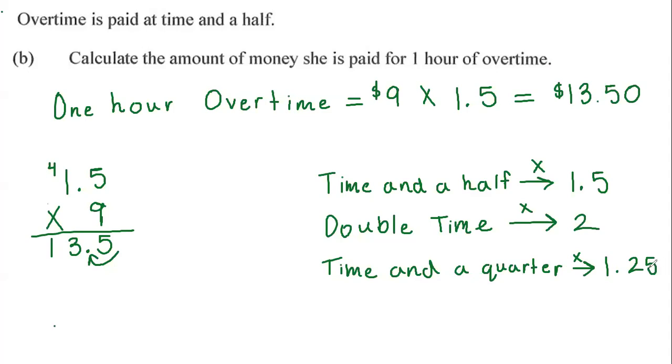Time and a quarter. Not 3/4, but time and a quarter. If it's time and a quarter, it's 1.25. All right. Do you all understand that? Let me know if you understand that, please. Yes, sir. Good.